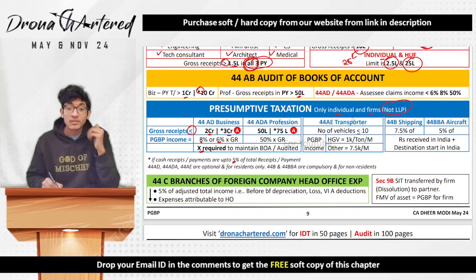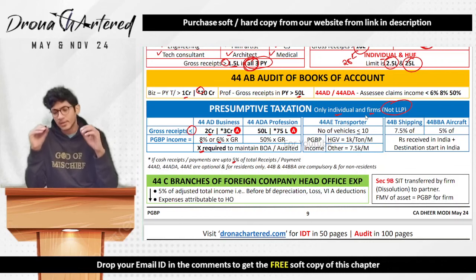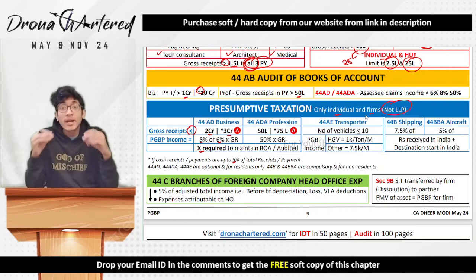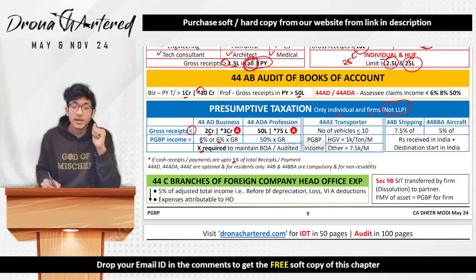So which transporters are included? If the number of vehicles is less than or equal to 10 during the year, that means if at any point of the year you had more than 10 vehicles, even if you had 11 vehicles just for one day, in such a case you will not be eligible under section 44AE. You will not be allowed to take presumptive taxation.